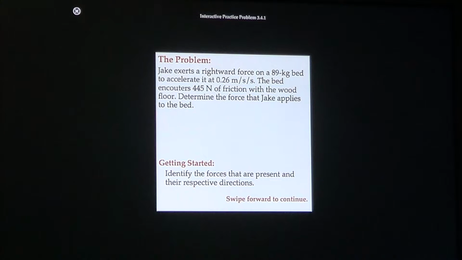The bed encounters 445 newtons of friction with the wood floor. Determine the force that Jake applies to the bed. So first, just draw your free body diagram, put your forces on there, the ones that you know and the ones that you don't know.